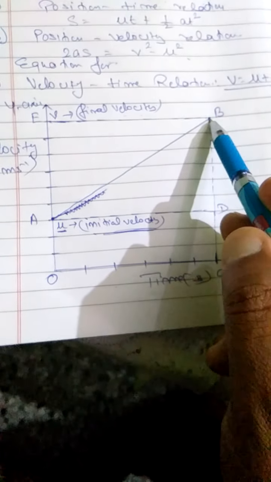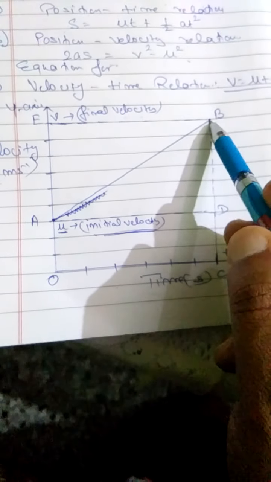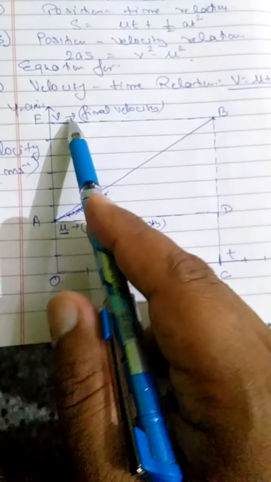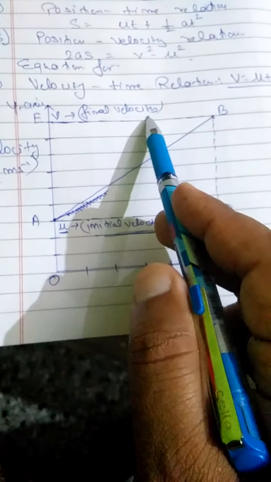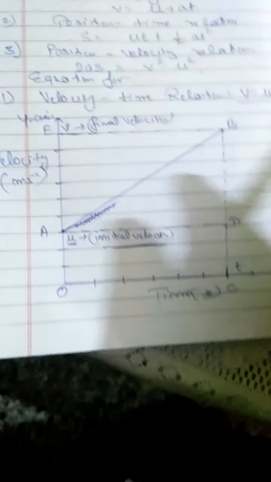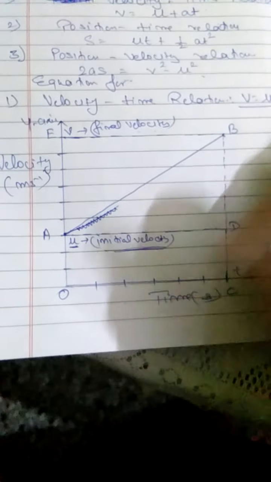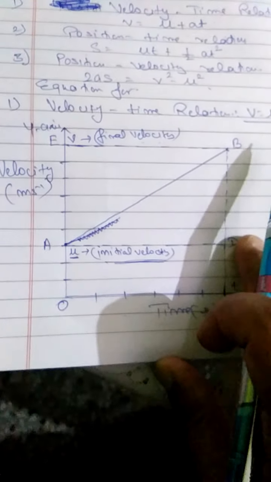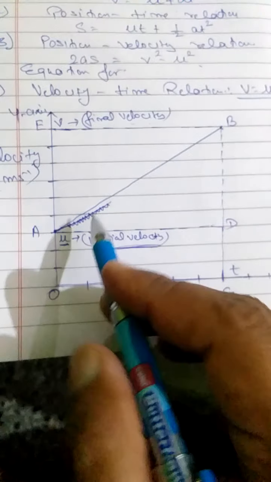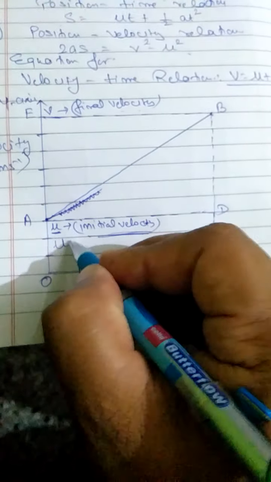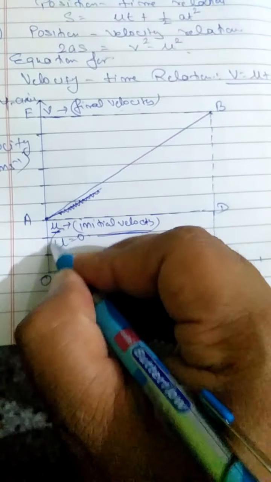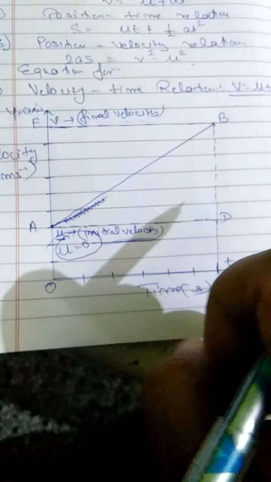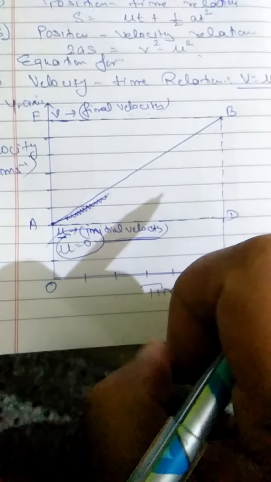Okay beta, finally the object reaches at point B. So here v is the final velocity of the object. Okay beta, clear? Initially the object is at rest, therefore we will take here u is equal to 0, because initially every object is at rest.